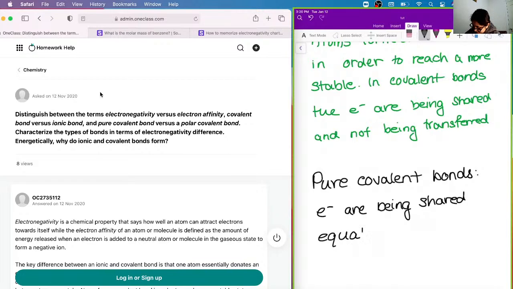So you don't have a net charge. So no net charge.